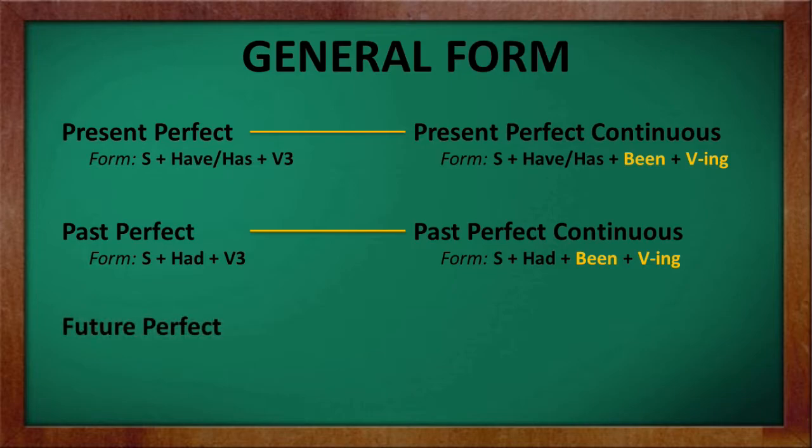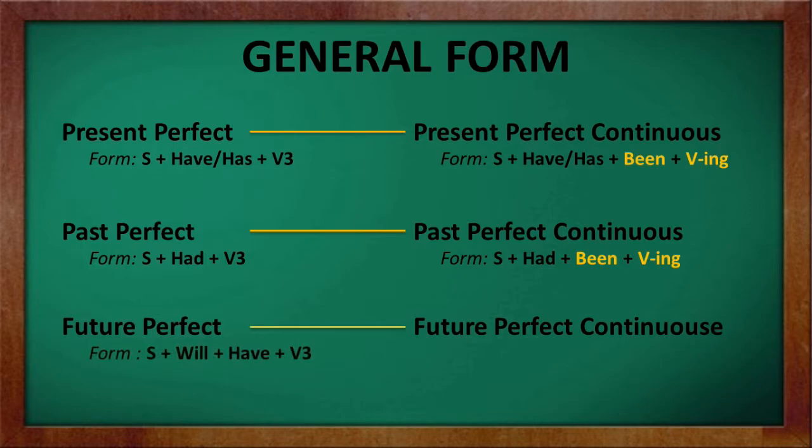And the third, for the future tense family, we'll talk about future perfect and future perfect continuous. For the future perfect tense, the general form is subject plus will plus have plus verb 3.